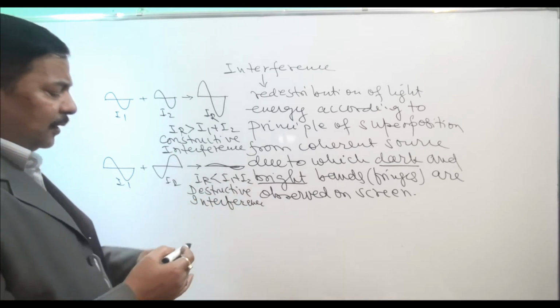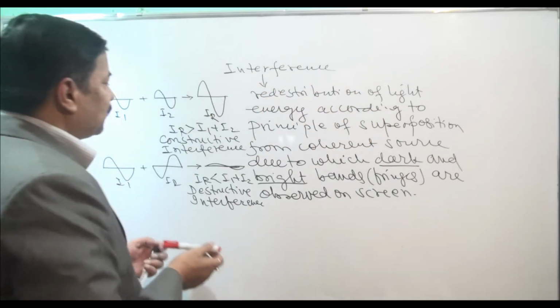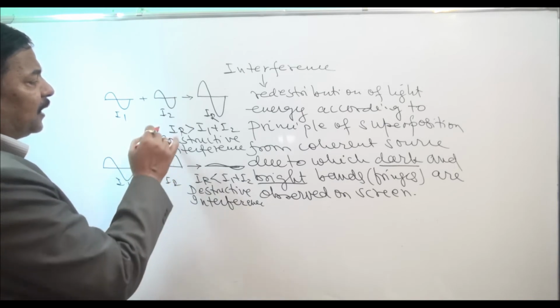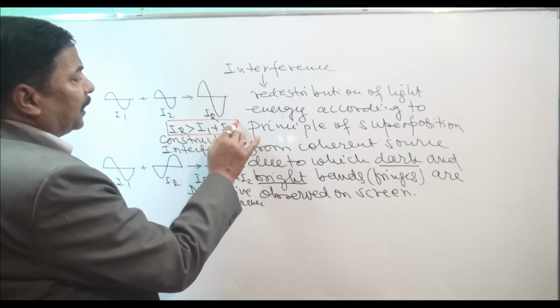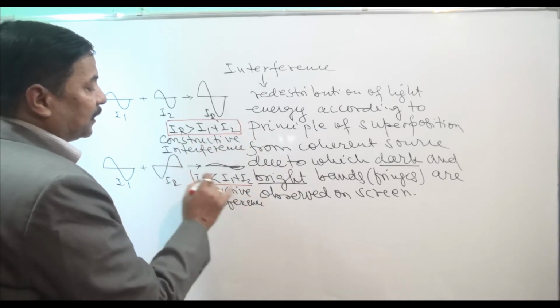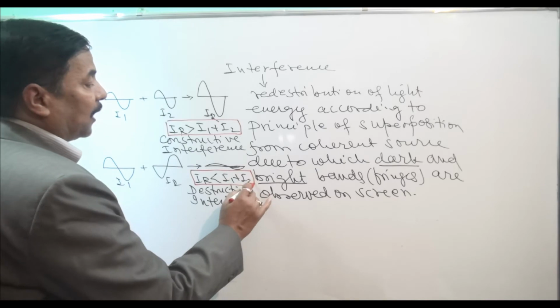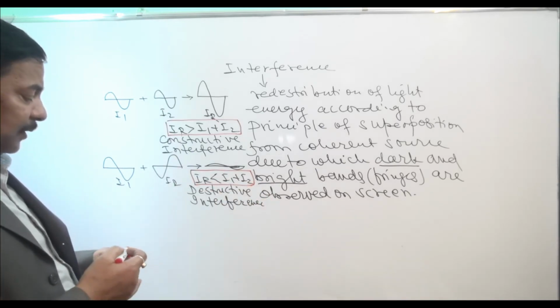So what is important to understand? For constructive interference the resultant intensity should be greater than the sum of the individual intensities, and for destructive interference the resultant intensity should be less than the sum of the individual intensities.